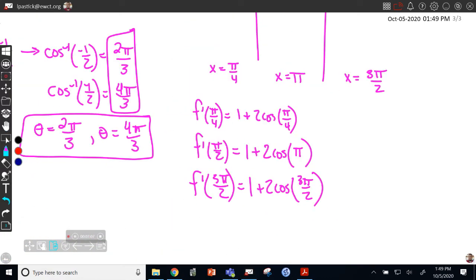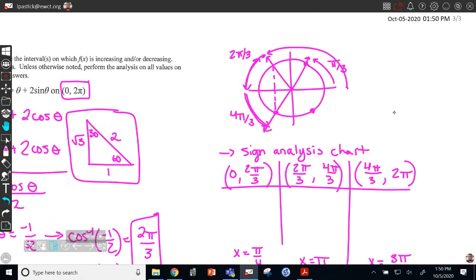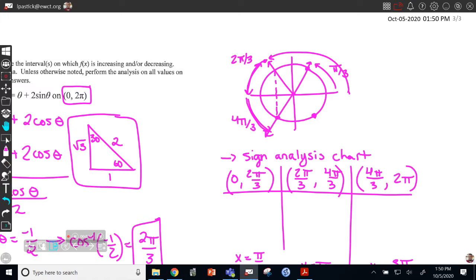All right, well now I need you to see this again because I actually made a bigger mess than I thought I did. My first value, pi over 4, was fine because pi over 4 is between 0 and 2 pi over 3.